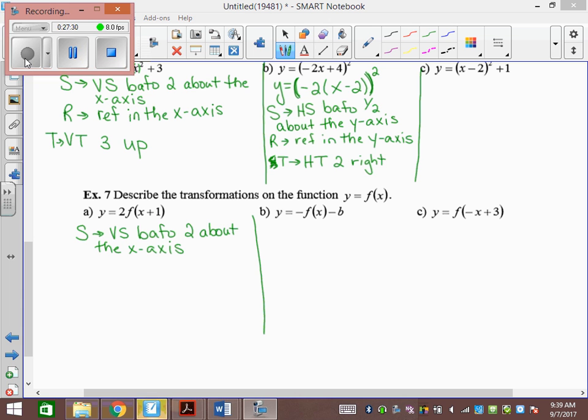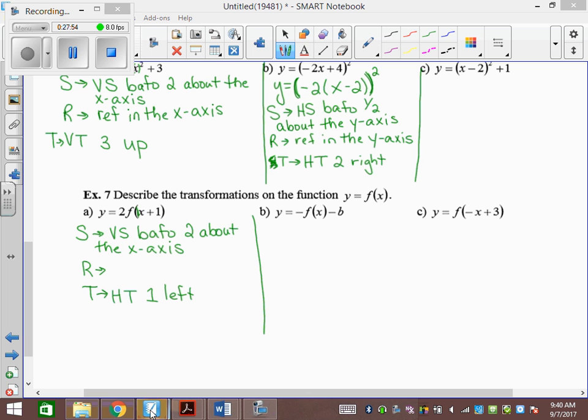Any reflections? No, there's no negative here and there's no negative there. So we'll just leave it blank. Translation. There's a horizontal translation 1 to the left and we're good because there's a 1 in front of the x.